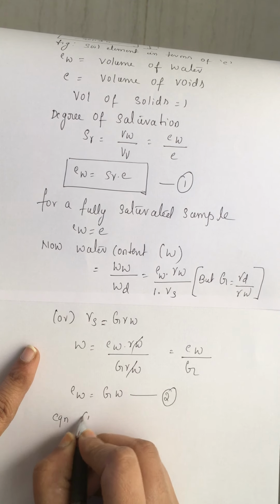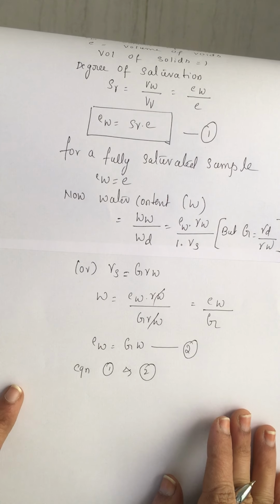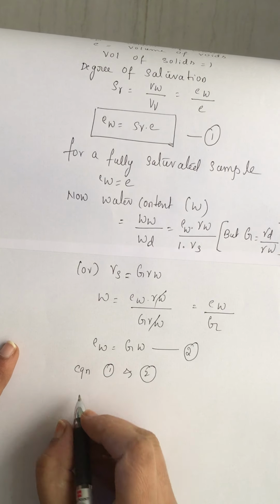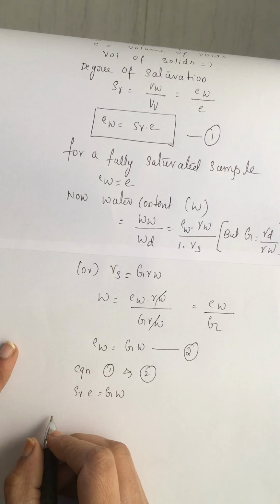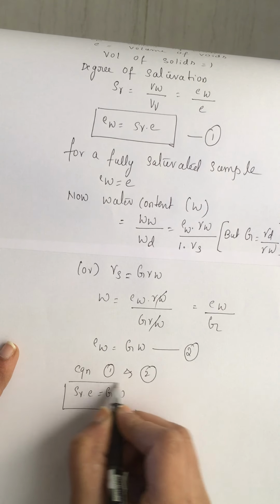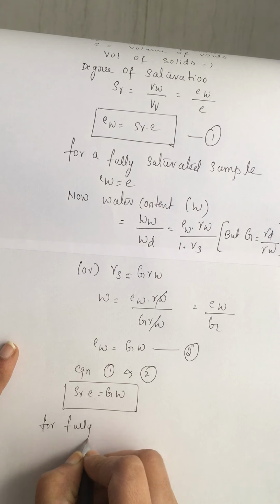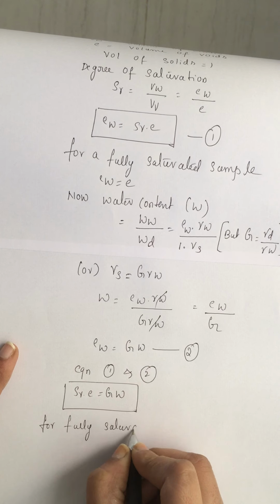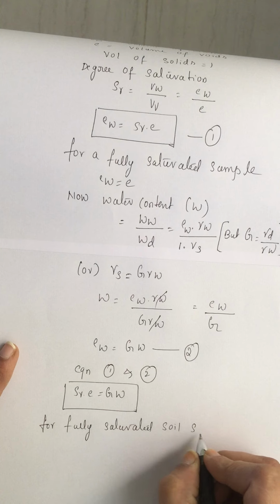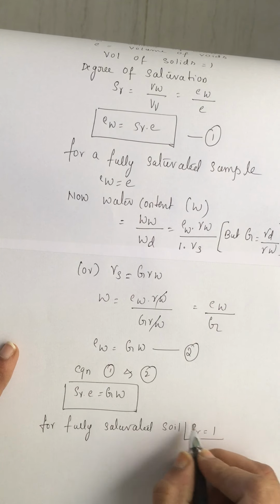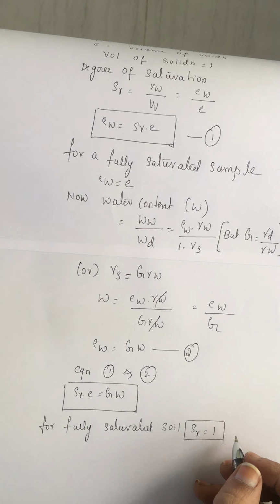Now equating equation 1 and this, Sr into e is equal to G w. For a fully saturated soil, you all know that degree of saturation is 1. If your soil is completely dry, that is Sr is equal to 0.